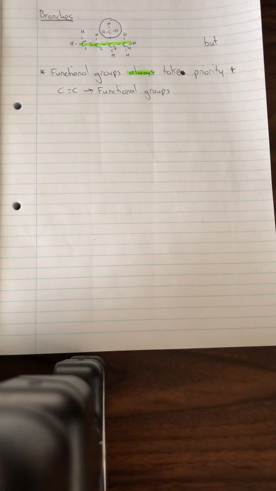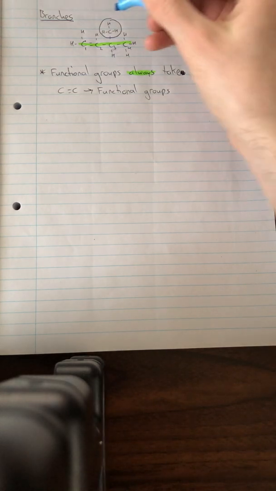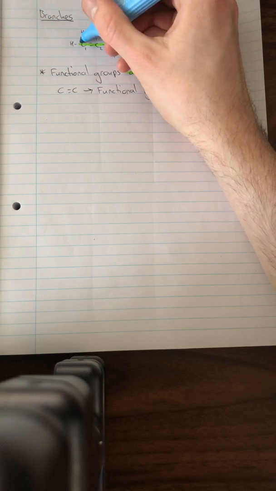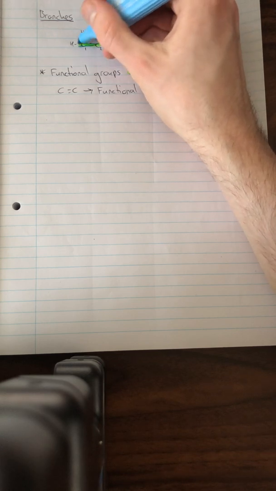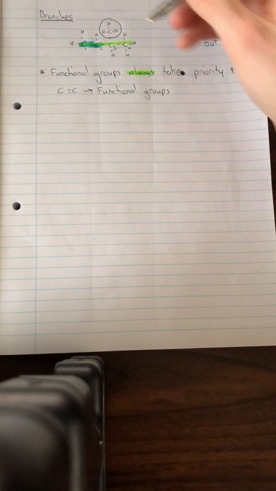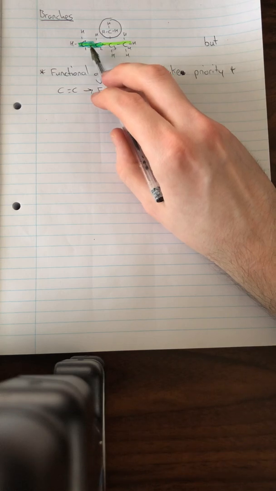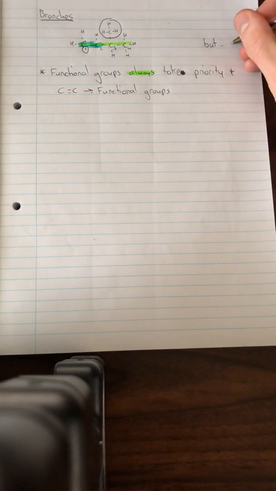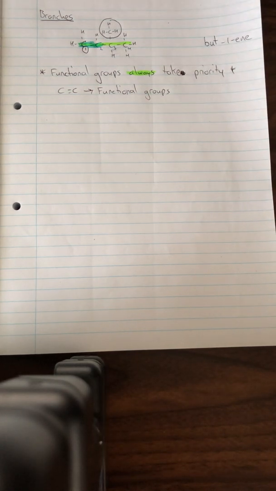Now remember, it's an alkene now, so we need to focus on the carbon-to-carbon double bond. The carbon-to-carbon double bond is between 1 and 2. So we select the lowest number. So this becomes but-1-ene. Okay, so we've named it.